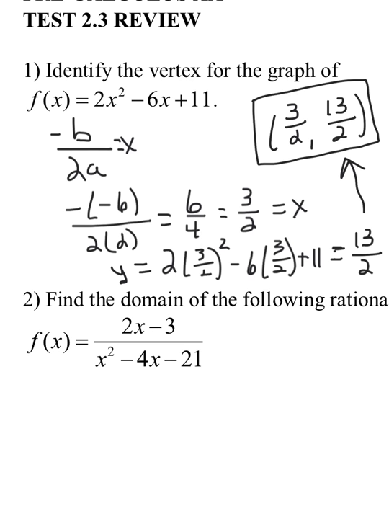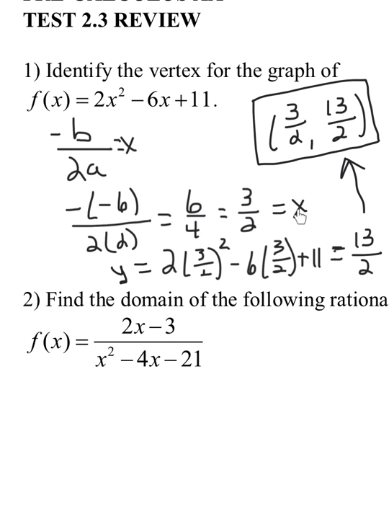So I'm plugging in negative 6 for b and 2 for a, and I get negative 6 divided by 2 times 2. This equals positive 6 over 4, which equals 3 halves. So x equals 3 halves. That's my x value of my vertex. It's also my axis of symmetry.